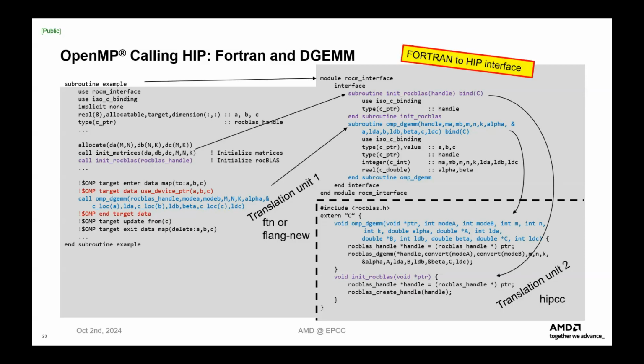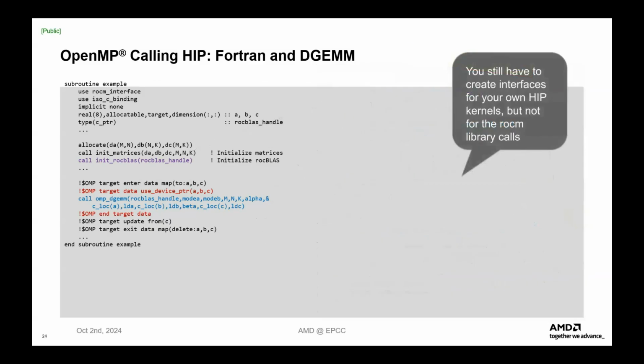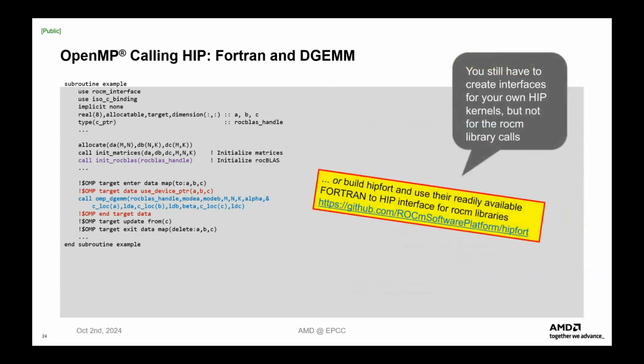So again, for Fortran, the additional thing you need is the Fortran to HIP interface. If you want to call a routine from rocBLAS, the library, you don't have to write all those interfaces yourself. For the ROCm libraries, someone already did that for you, and you can just build hipfort and have all those interfaces available.